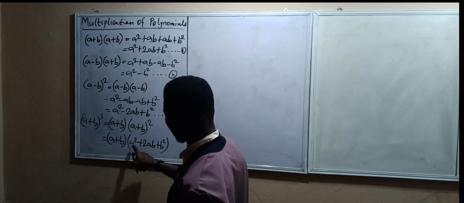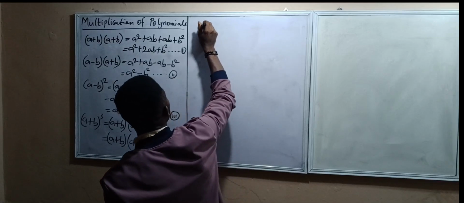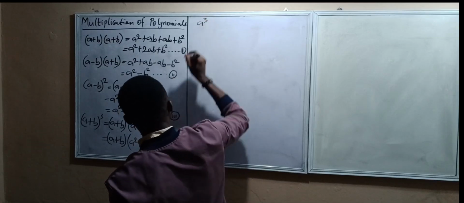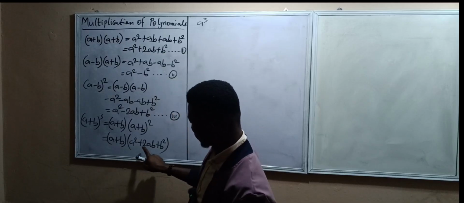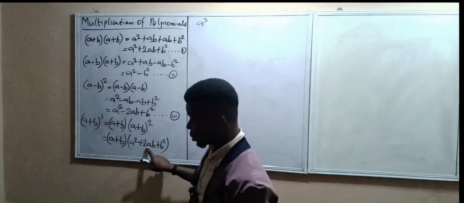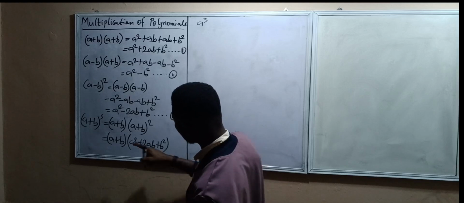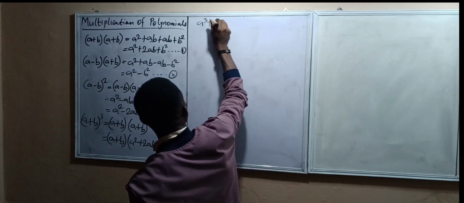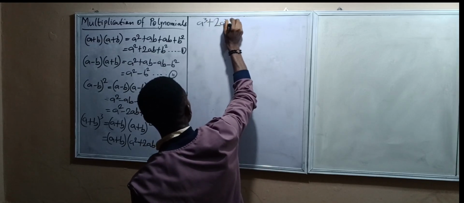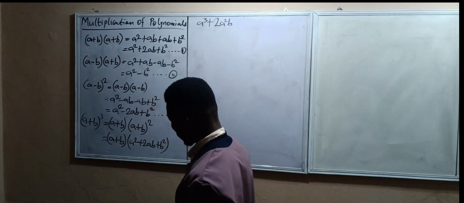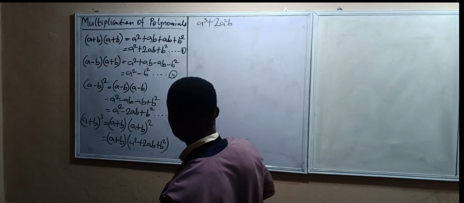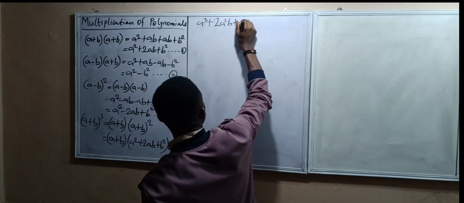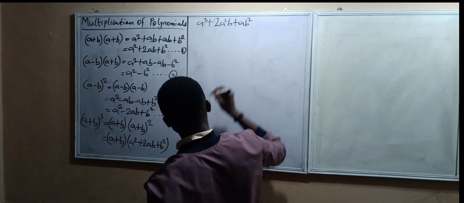Now a times a squared, we have a cubed, and that same a times 2ab, that is plus 2a squared b. Now a times b squared, that is plus ab squared.